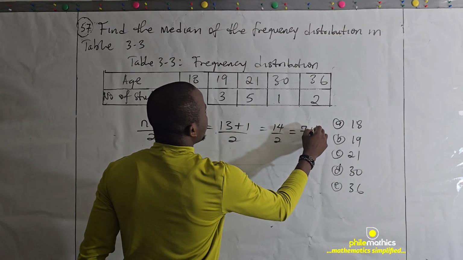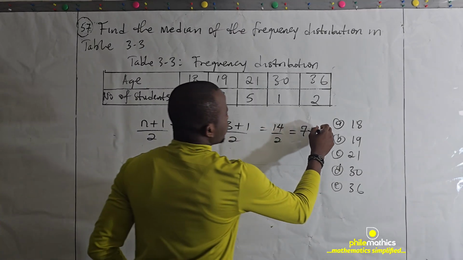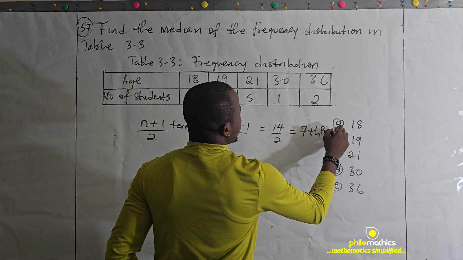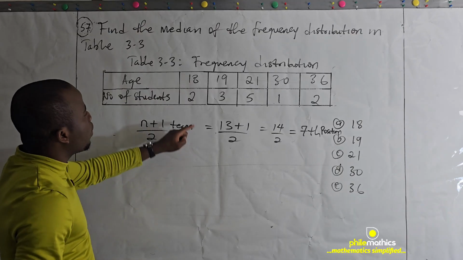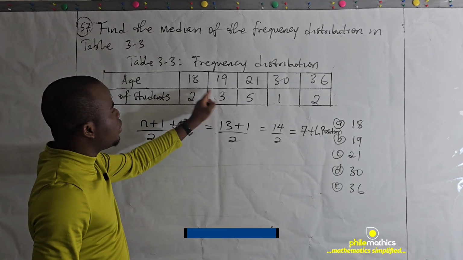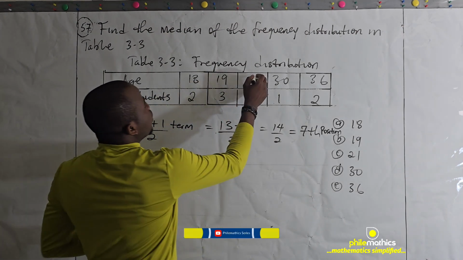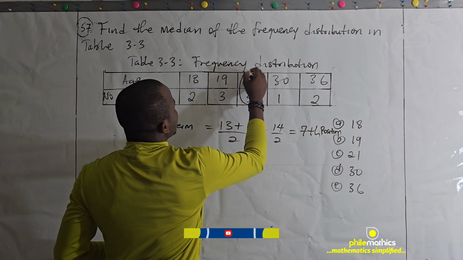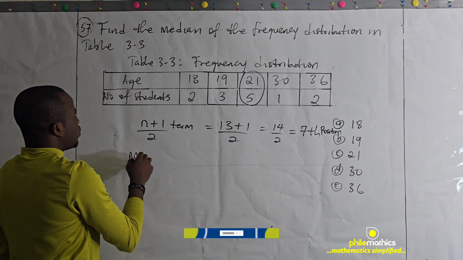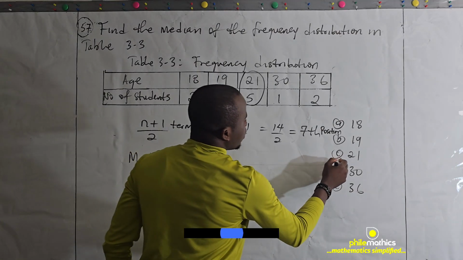So the 7th position, we need to look for the 7th position. Starting from here, this is 5, this is 2, 5, 10. So this is where the median class is. So the median is 21, which is C.